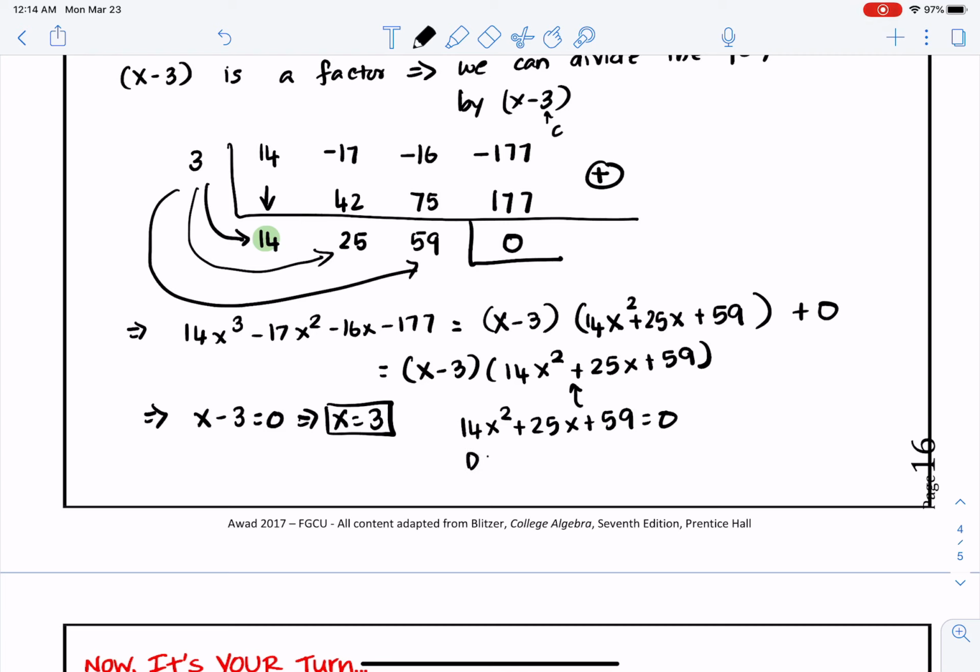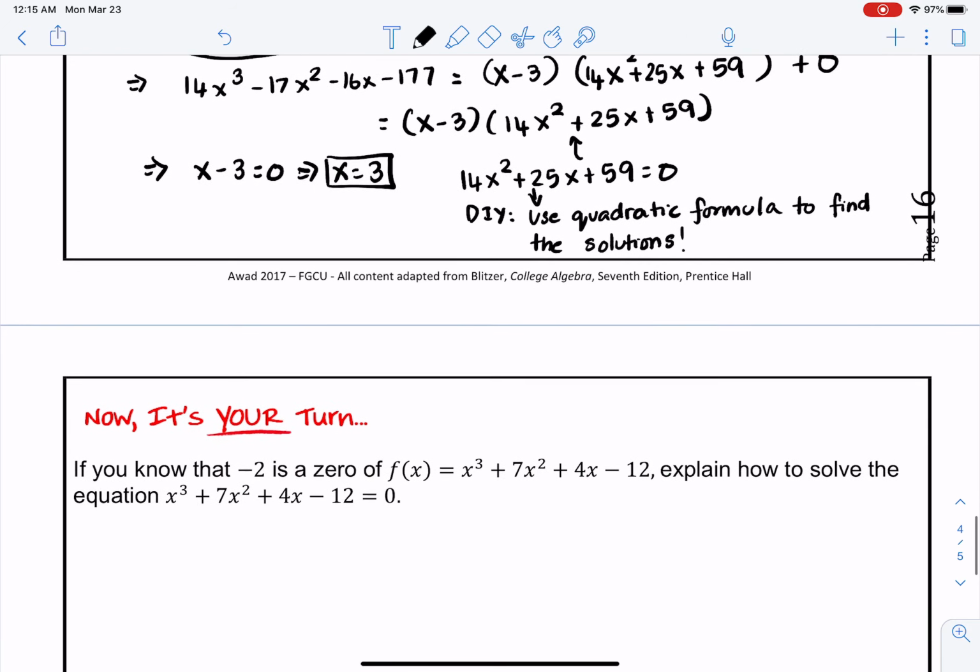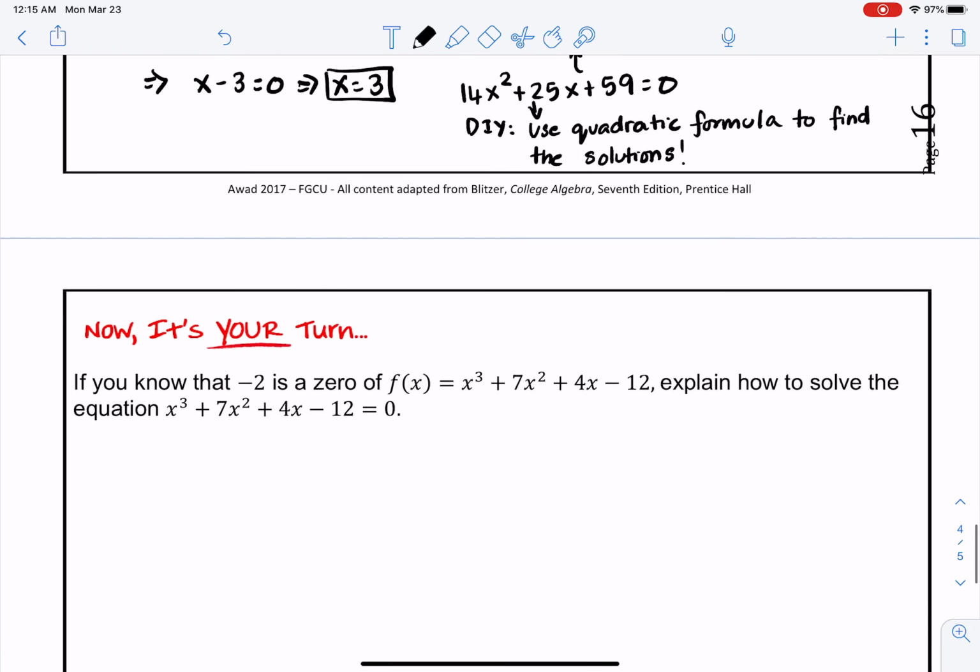So I would make this do it yourself. The other two solutions can be found using the quadratic formula.